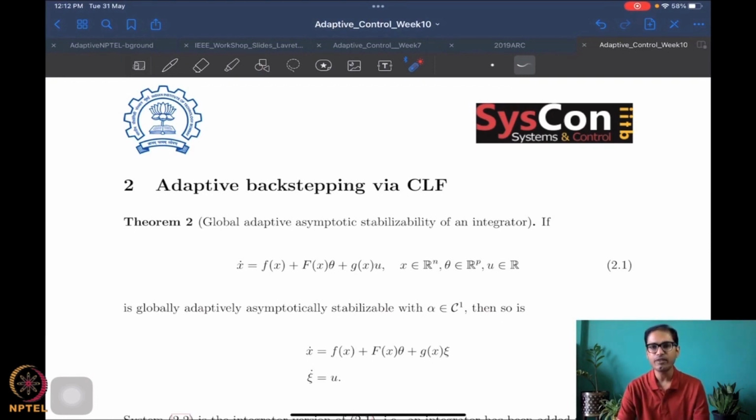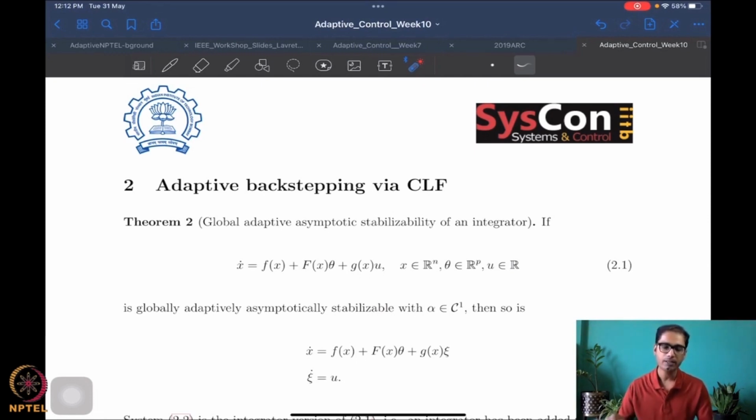Extended matching was slightly different, of course, because we did not actually declare a Lyapunov function for the first stage separately. We directly constructed a Lyapunov function for the second stage. So that's a little bit different. However, the point being that you can do backstepping, and that's what we want to do.